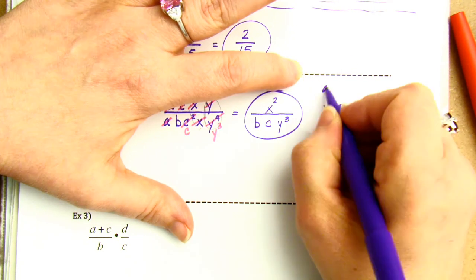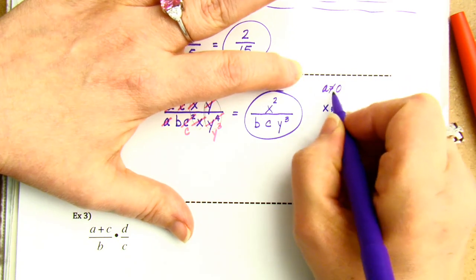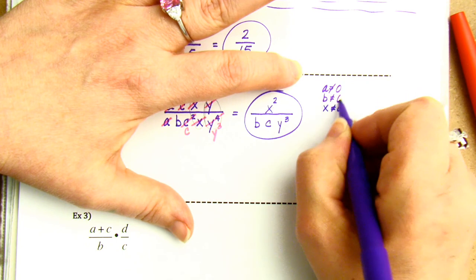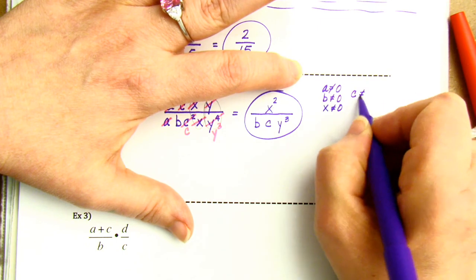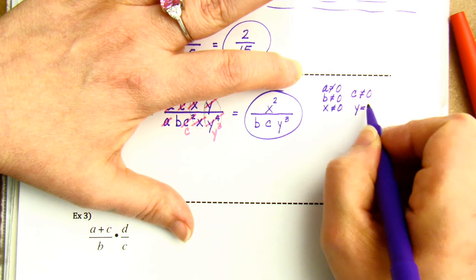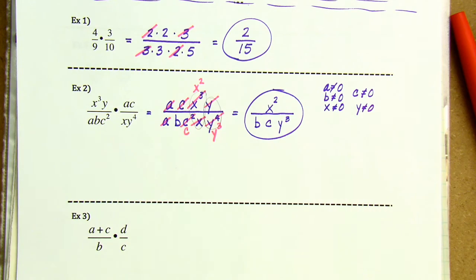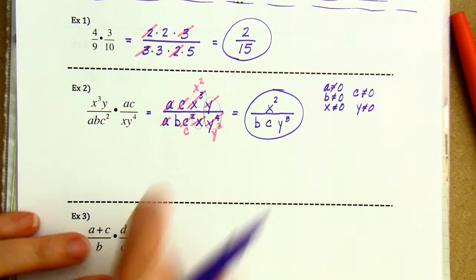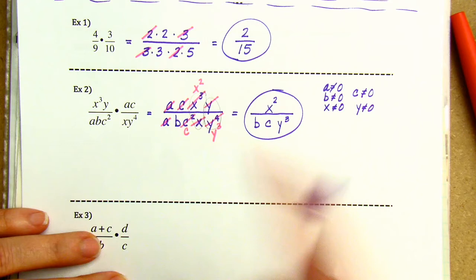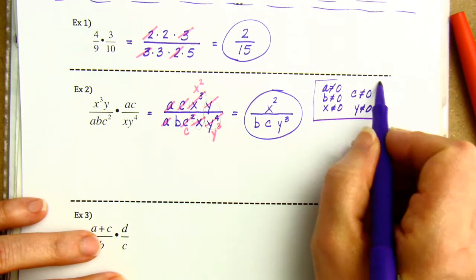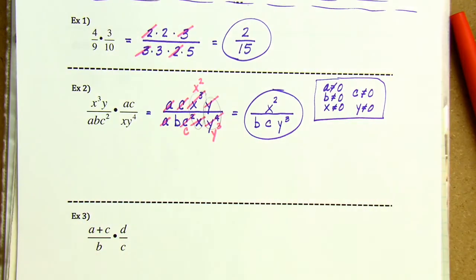So a can't be 0, b can't be 0, c can't be 0, x can't be 0, and y can't be 0. And yes, while I realize there's no more a in the denominator and there's no more x in the denominator, they were in the denominator here, and so you must include them as restrictions, right? There are restrictions because division by 0 is undefined.